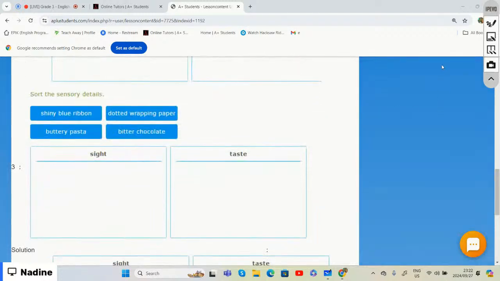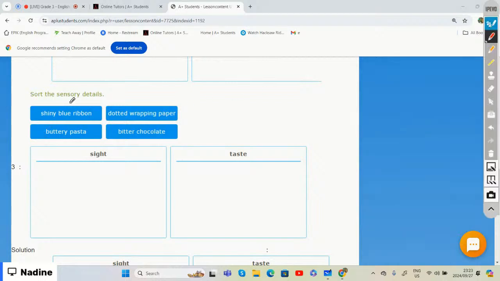If we look at the next one, we need to sort the sensory details. Number one says shiny blue ribbon. We need to say, is that something that you can see or something that you can taste? Number two, dotted wrapping paper.